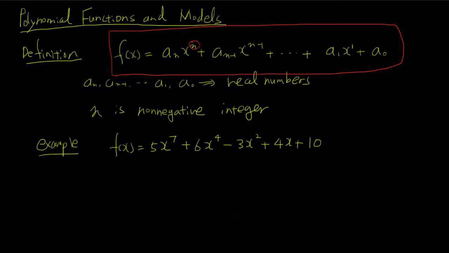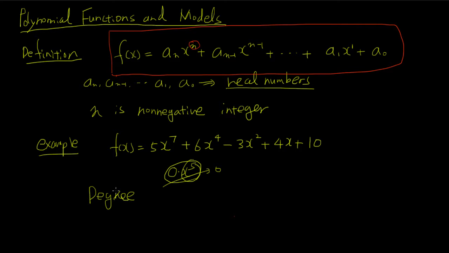What I'm just saying is this. For example, 0 times x to the 5, what is that? That just becomes 0, right? So we have x to the n terms, but since these a's can be any real number, it can be 0, so the whole thing goes to 0. So it's quite okay to have a couple of missing terms. So what's the degree of this polynomial?